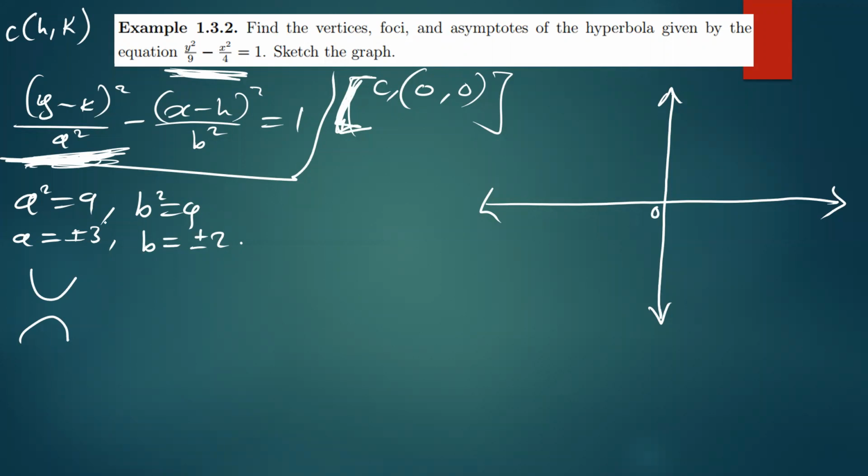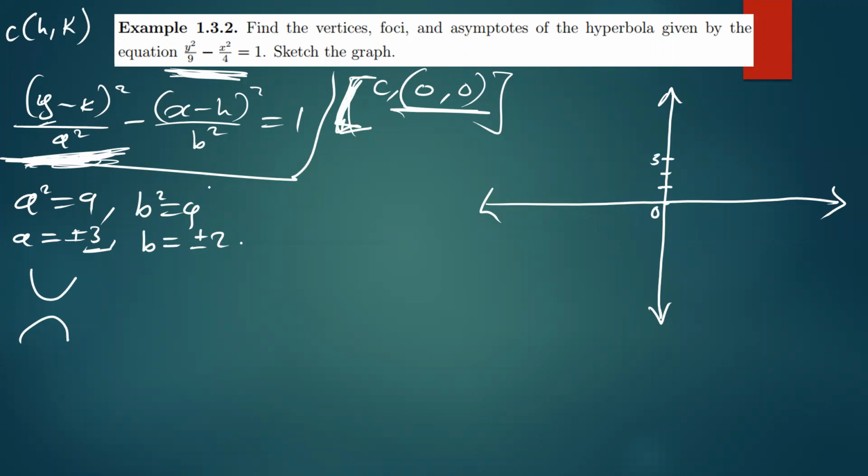I'm going to move a steps along the y-axis, but this should be from the center, and my center is 0, 0. So the center is here, and I'm going to move 3 steps along the y. So I'm going to move 1, 2, 3 steps there.